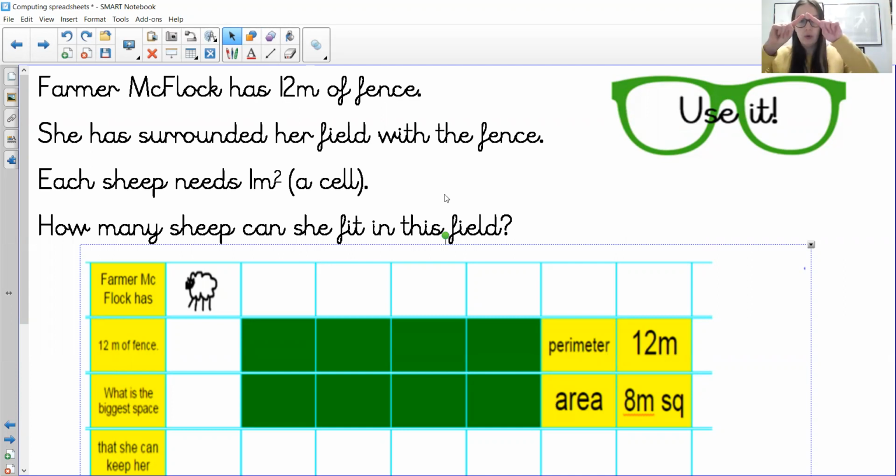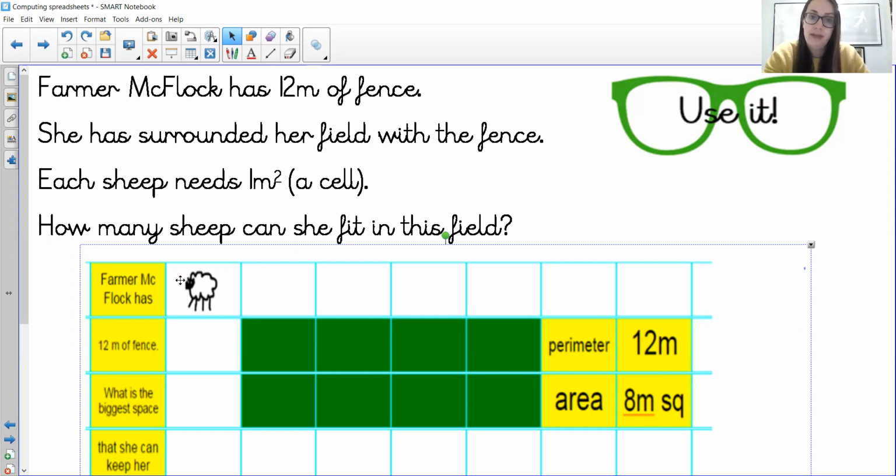So what's it called when we go around the outside of a shape? It's the perimeter. So this is basically telling us that the perimeter of her field is 12 metres. I've written this down here. So the perimeter is 12 metres. She's got 12 metres of fence.